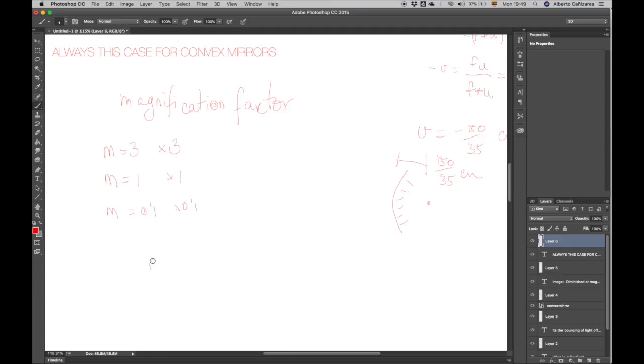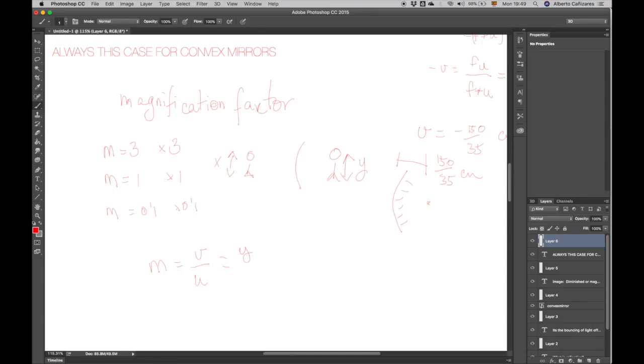As it turns out, the formula will tell you that m is equal to v divided by u. So remember, if your image is bigger than the object, say your image is 2 and your object is 1, there you have it. You could have your object be, let's call this x, this big, and your image here will be this big, y.